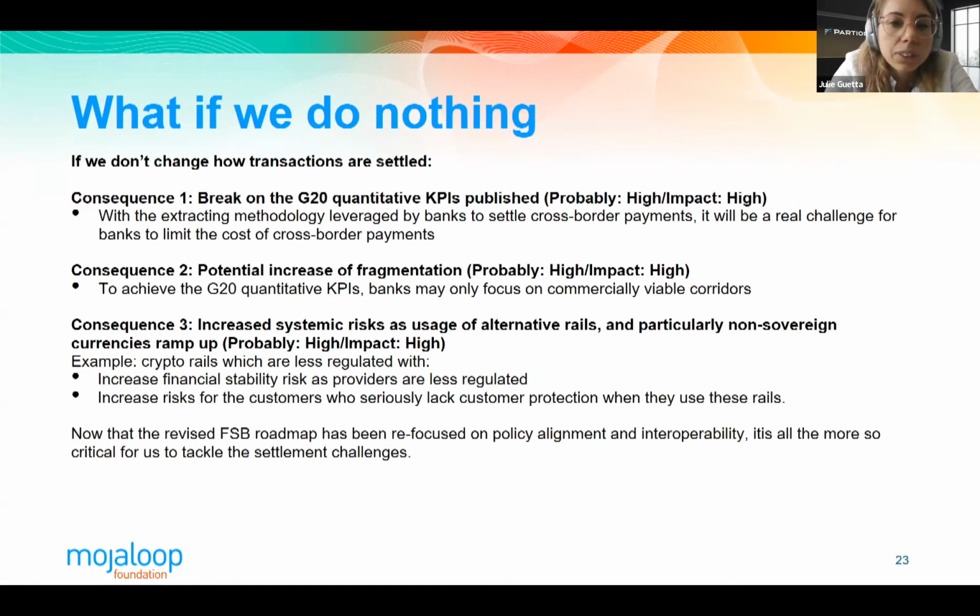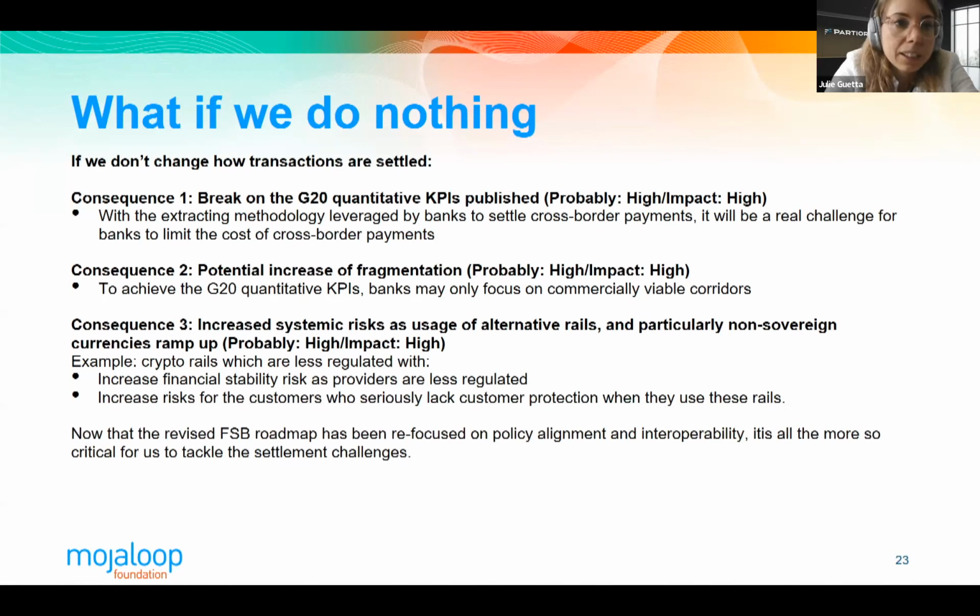Two, we will probably increase fragmentation, because if we want to deliver the G20 quantitative KPI around cost, financial institutions will look at the corridors that are most profitable and focus on those, leaving some corridors very dry, right?